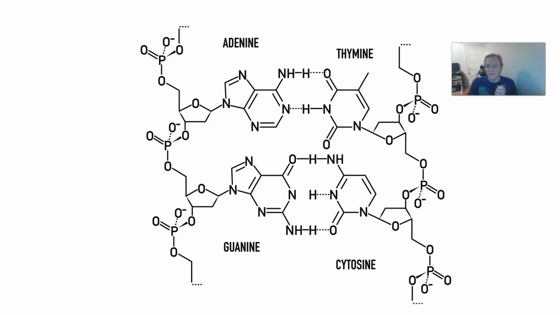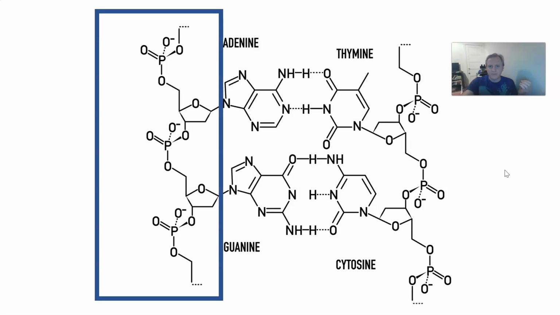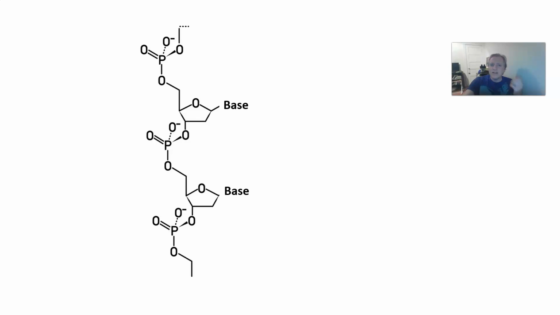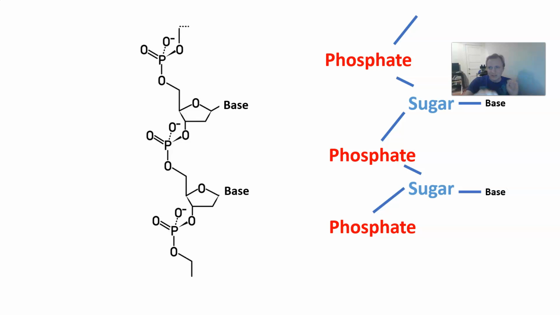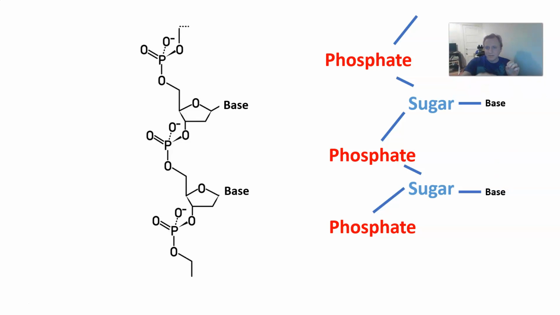Here's a complicated looking picture. Why don't we simplify this down just a smidge? And let's zoom in on this part of it. This is still fairly complicated, so let's get a little bit simpler. There we go.